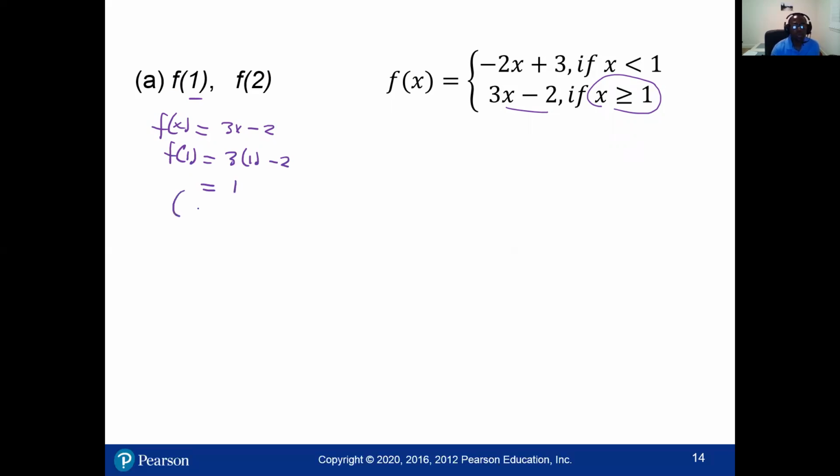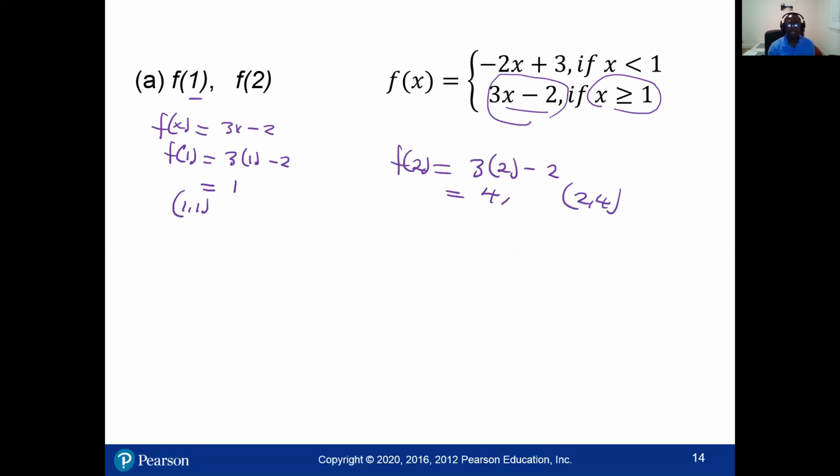The coordinates will be 1, 1. Now, what about f of 2? Again, f of 2 belongs to this same part of the function, so we use that. It'll be 3 times 2 minus 2, which gives us 6 minus 2, that is 4. The coordinates will be 2 and 4. Okay, so now you evaluate the function. This is part A.